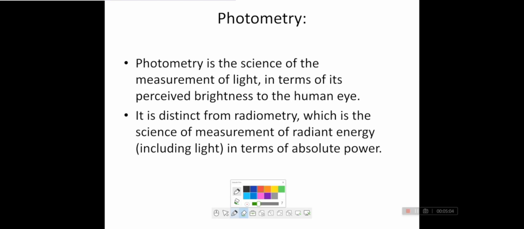It is distinct from radiometry, which is the science of measurement of radiant energy in terms of absolute power. So photometry is the science of the measurement of light in terms of its perceived brightness to the human eye, and it is distinct from radiometry, which is the science of measurement of radiant energy in terms of absolute power.